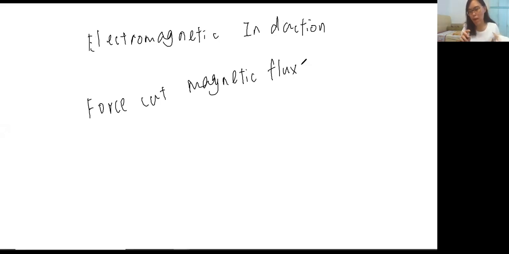Magnetic flux is at where? The permanent magnet or the current carrying conductor? The magnetic flux is found in the permanent magnet. Correct, it's in a permanent magnet.